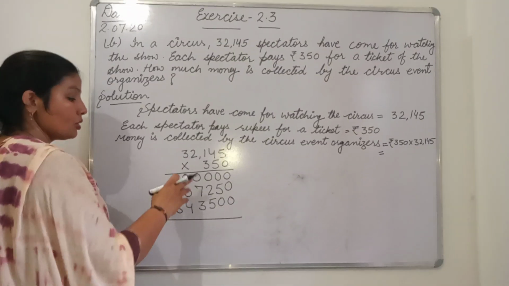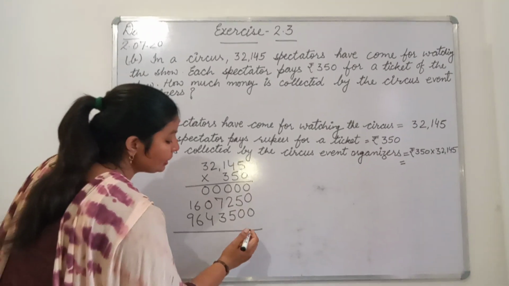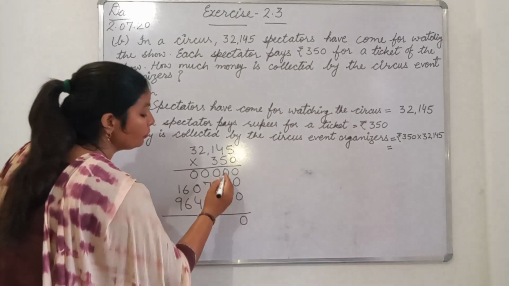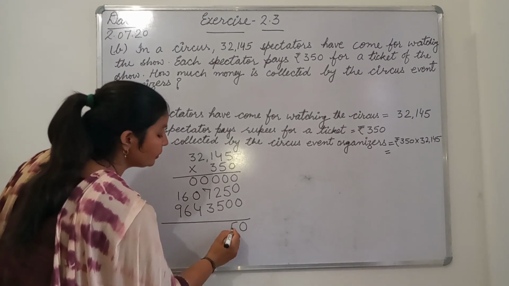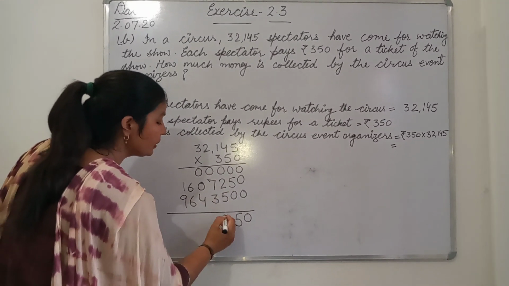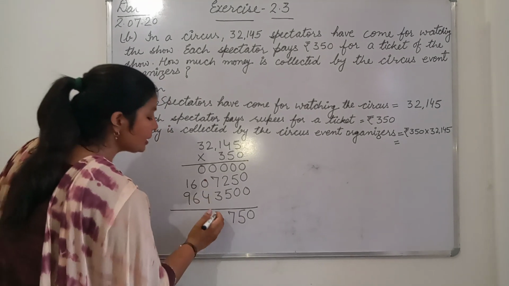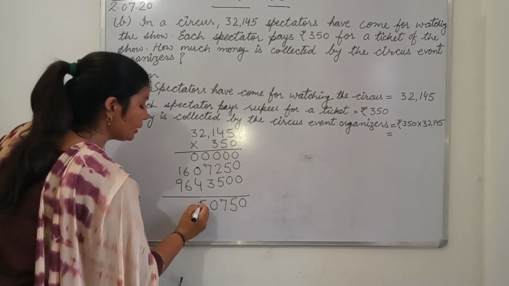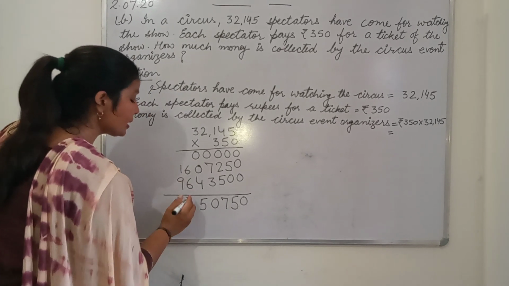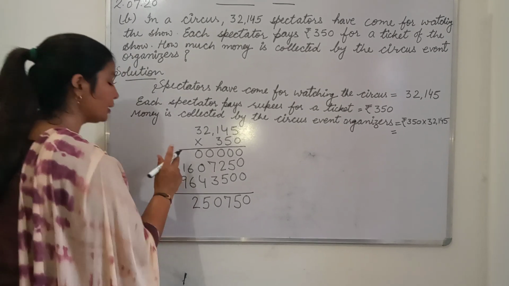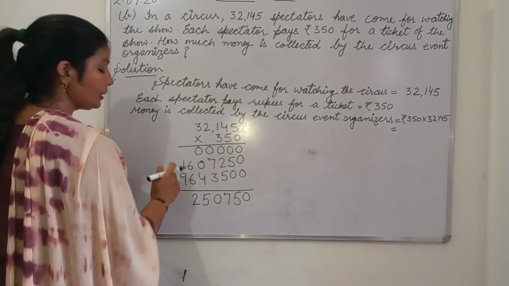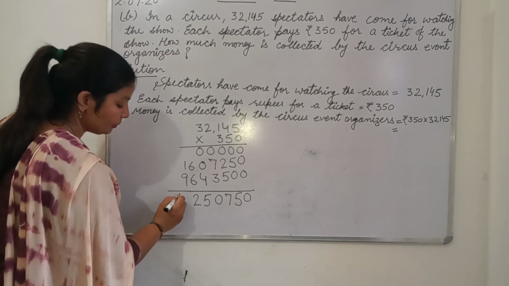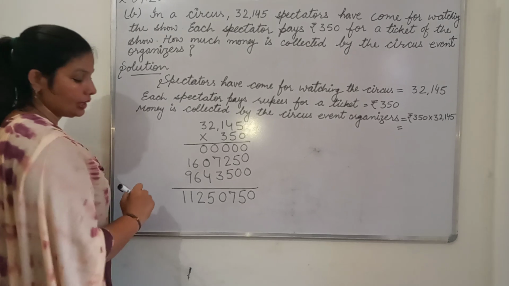Okay. So 0 plus 0 is 0. 5 plus 0 is 5. 2 plus 5 is 7. 7 plus 3 is 10, 1 carry. 4 plus 1 is 5. 6 plus 6 is 12, 1 carry. 9 plus 1 is 10. 10 plus 1 is 11. Now we write 11 as it is.